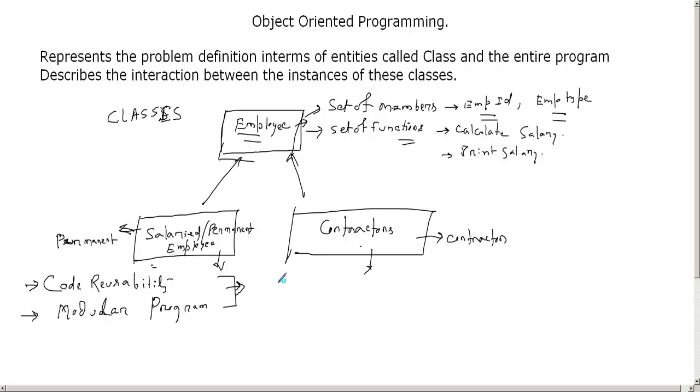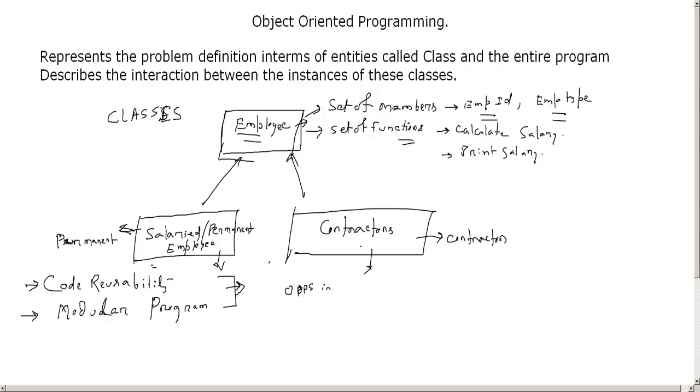Earlier, when people were using C, they tried to achieve this object oriented programming technique by using C, but they had to do a lot of twists to achieve these OOPs concepts in C. Achieving that in C is quite cumbersome and difficult.